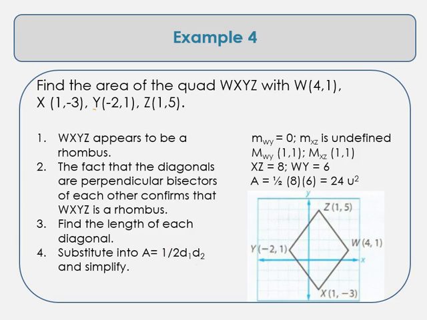Example 4. This one's kind of difficult, so what I want you to do is get some graph paper and draw this figure. Stop the video so that you can see it. Draw the figure and then come back.